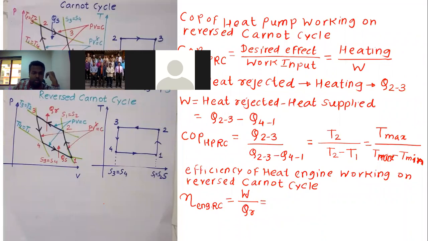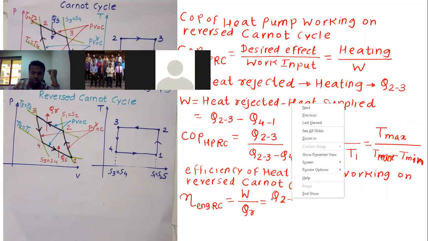The process during which the work is done is 2 to 3. Work done is the difference between the heat supplied and the heat rejected. Try to understand, it is a reverse Carnot engine. So what is the efficiency? Work done upon heat.